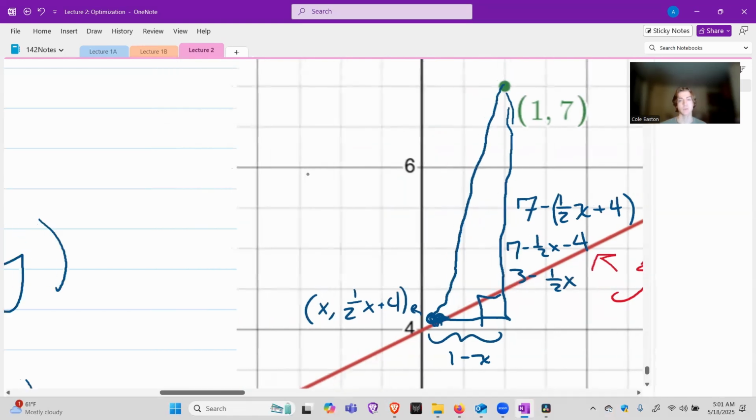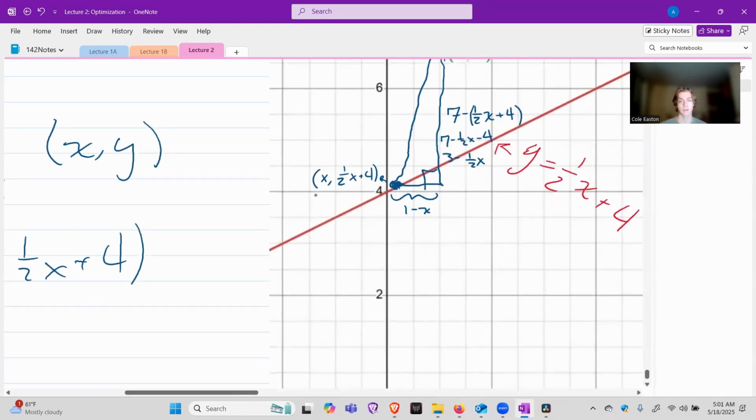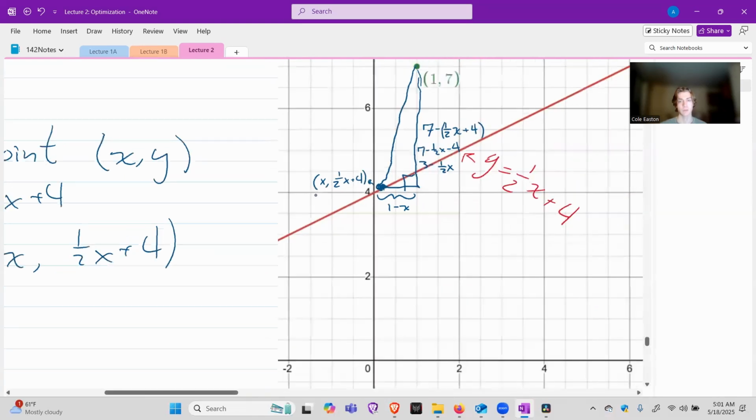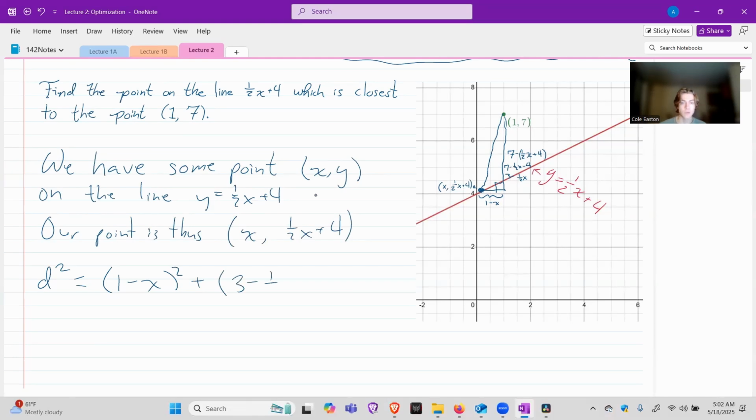And now we're going to use the Pythagorean theorem to find the length of this hypotenuse. And let's write this somewhere else so we have a little bit more space. So we're going to say that d for distance, d squared equals (1 minus x) squared plus (3 minus 1/2 x) squared. And we can take the square root of both sides.